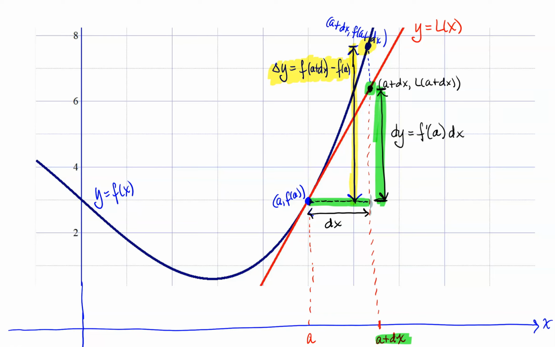Now, as was noted, this linear approach, this tangent line approach, is basically the change in y equal to the derivative of the original function at a times dx. And remember, dx is how much we're incrementing our x. This can be a more efficient approach.